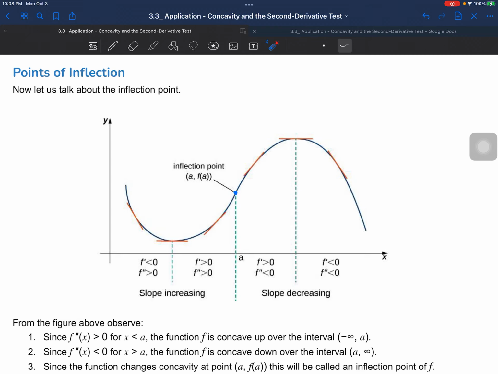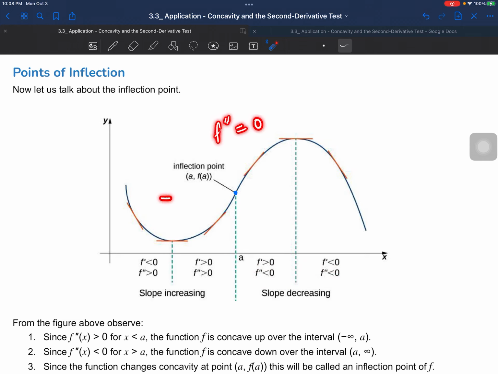And it's actually very easy for us to find once you know the second derivative. Why? Because if you think about it, when you have a concave up, your second derivative is positive. When you have a concave down, your second derivative is less than zero.